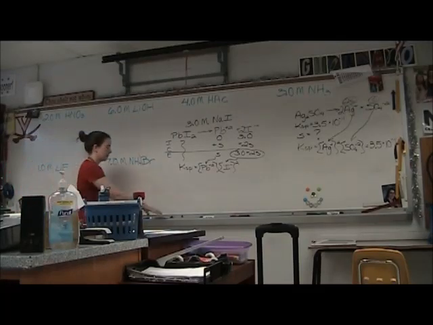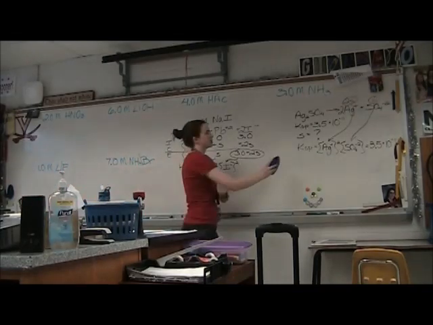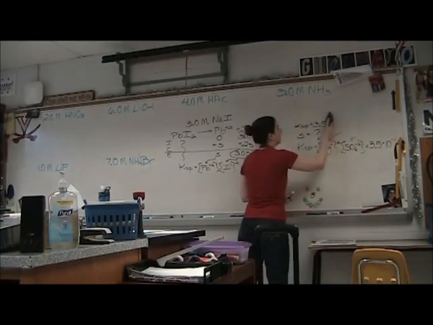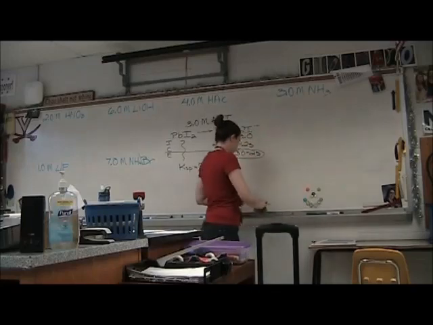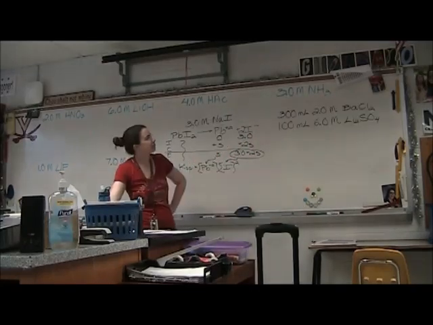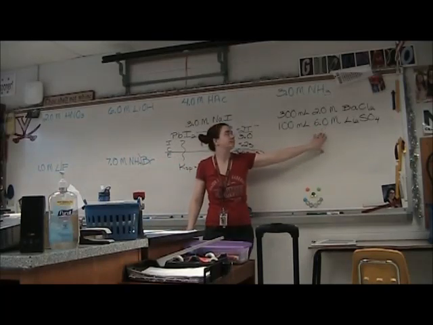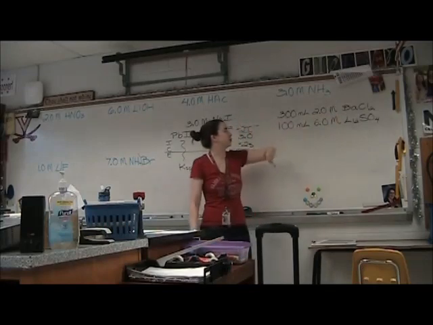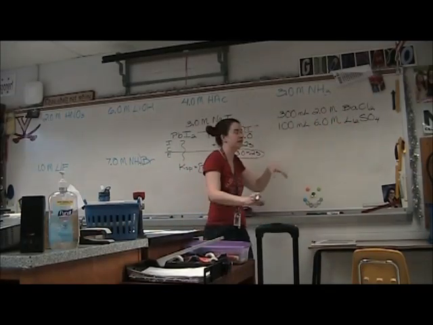Now, the last type of problem that we looked at is a precipitate question. You're given this information: 300 milliliters of 2 molar barium chloride is mixed with 100 milliliters of 6 molar lithium sulfate.